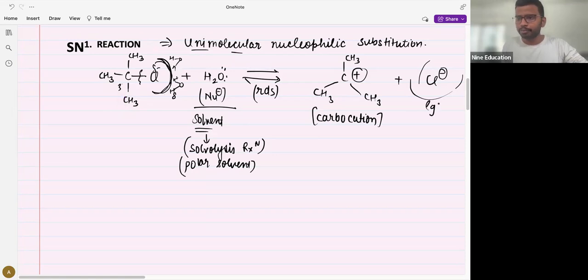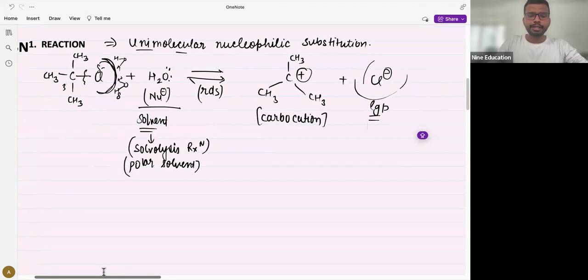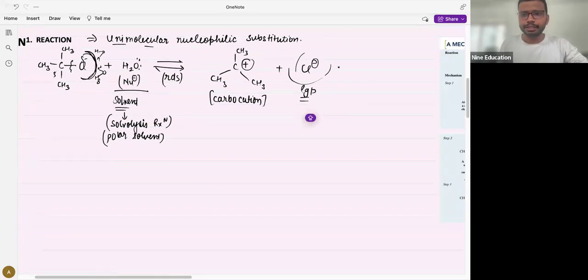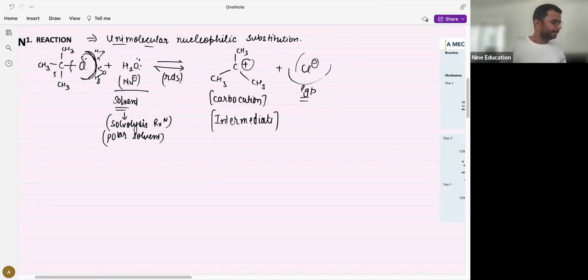So this leaving group will be removed first. Leaving group चला गया because of solvent effect. अगर ये यहां से चला गया, see, so this carbocation is made which is our intermediate. This carbocation will be our intermediate.